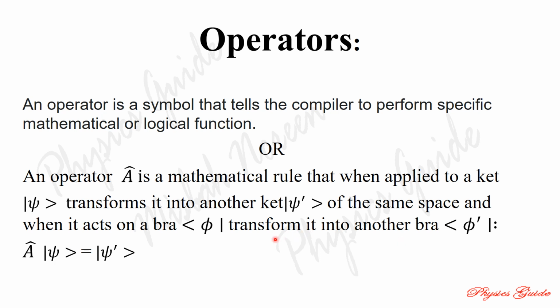It means the ket vector and bra vector both change when we apply an operator on them. So A is an operator which, applied on the ket vector psi, gives the ket vector psi dash.